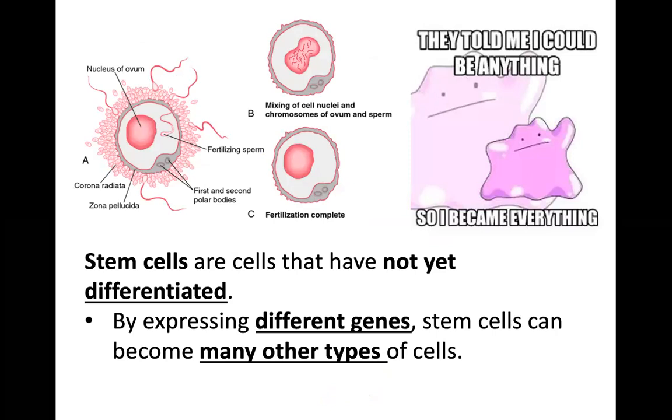What were the types? There were three of them I had on the board. Oh, adult stem cells, and embryonic.